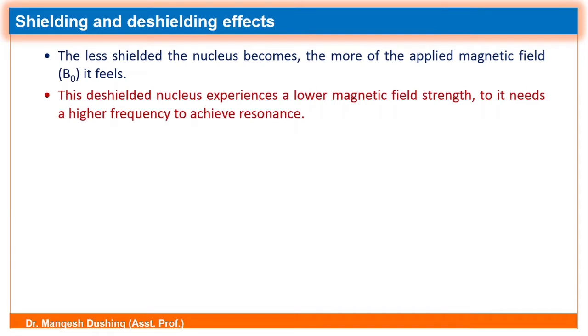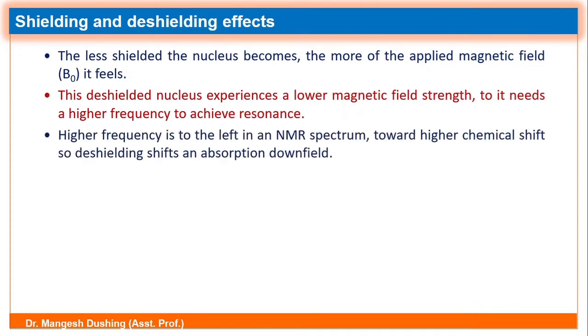So this de-shielded nucleus requires a lower applied magnetic field strength, and a higher frequency to achieve resonance. The higher frequency is to the left in the NMR spectrum, towards the higher chemical shift. So higher frequency, higher chemical shift, but low field.